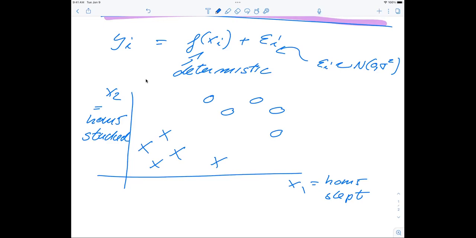Now, what we want in this case is to actually define, based on hours slept and hours studied, whether we can split the two classes. Now we have a discrete output. So we could now say grade above average. And here we could have a grade below average.